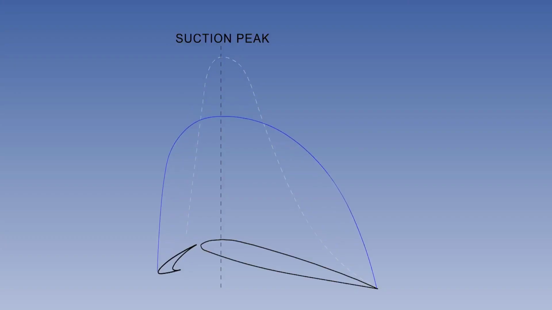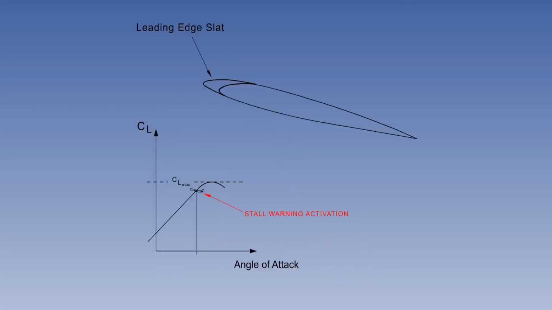The low pressure area becomes more evenly distributed, but the total area changes very little. Please note that the suction peak does not move forward, so the effect of slats on aircraft pitching moment is insignificant.